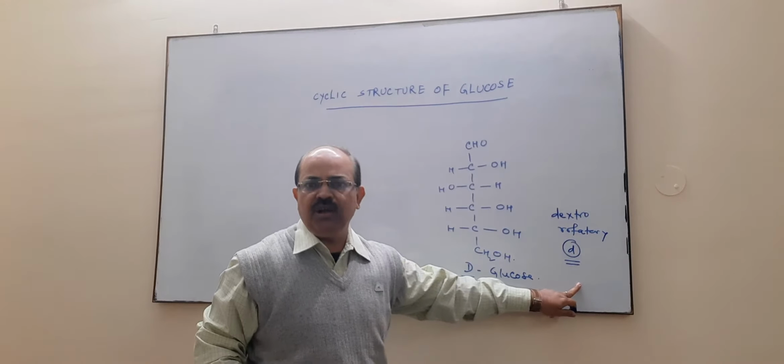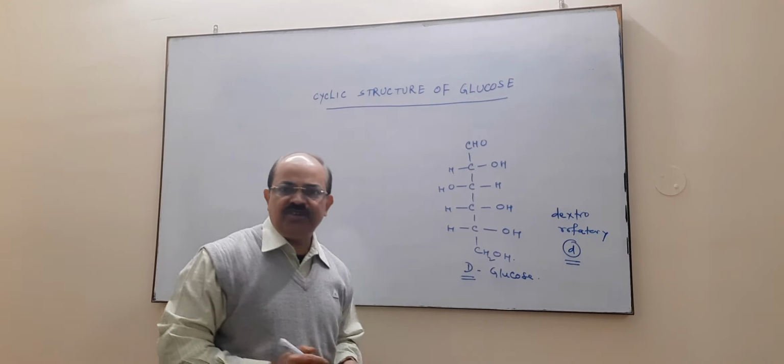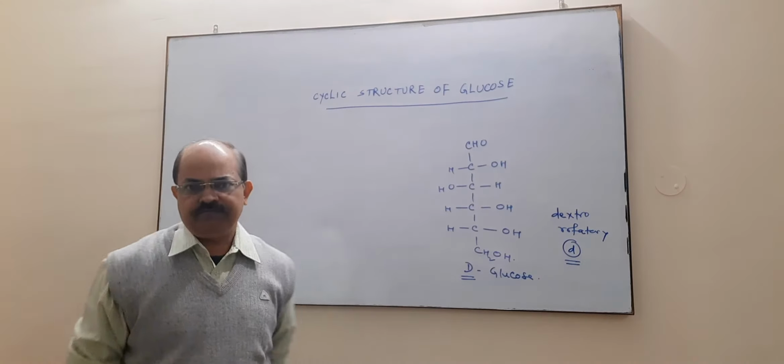So this small d refers to the optical rotation, while this capital D refers to the relative configuration.